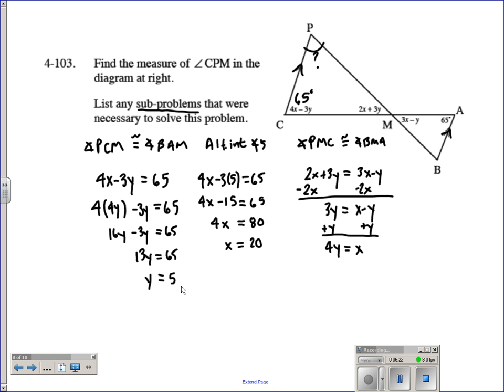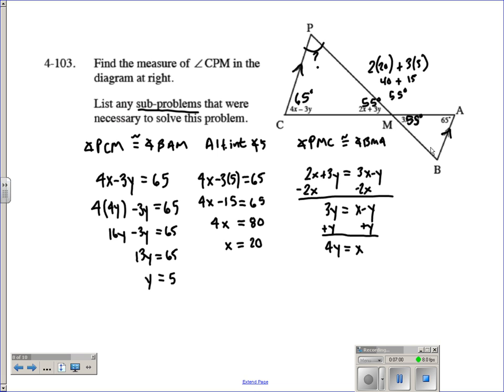Let's take our 20 and our 5 to figure out what our angles over here are going to be. 2 times 20 plus 3 times 5 is going to be 40 plus 15, which is 55. So we know that this angle is 55 degrees, and this angle is 55 degrees. How many angles do we have in a triangle?